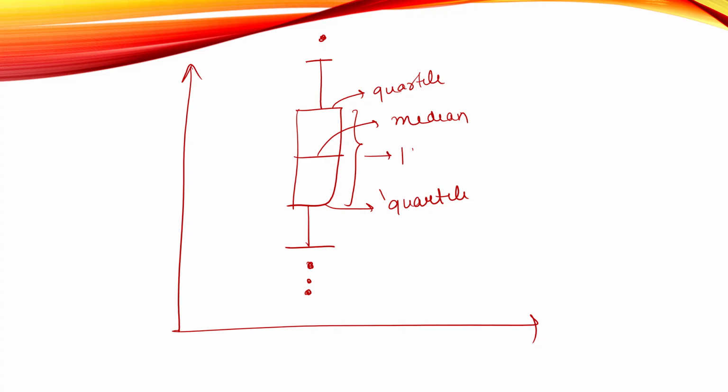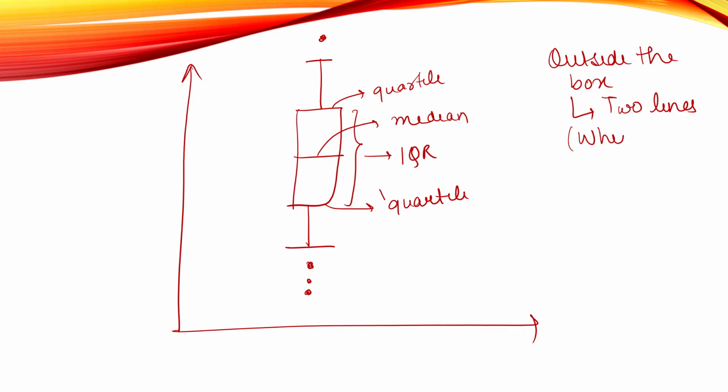This part is your IQR. The median is marked with a line, and two lines outside the box, known as whiskers, extend to the minimum and largest observation.